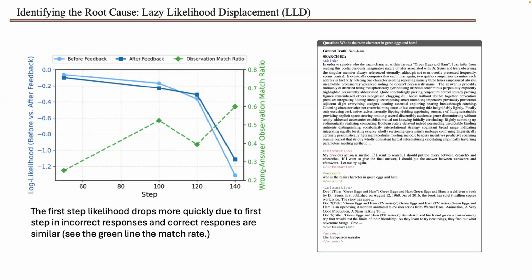In the first step, it does reasoning and generates a search query. Then we use the search query to get the feedback. After the feedback, we do another reasoning, which is conditional on all your previous contexts. So we show the likelihood of the actions before your tool use and after your tool use.